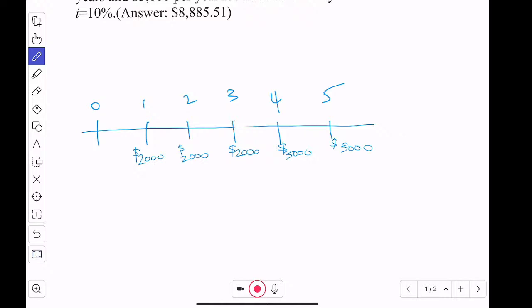All right, so I have an annuity here and I have an annuity here, but this annuity starts immediately, well, actually at 1 year. So this is the regular annuity formula that I'm going to apply. And then there's this one over here.